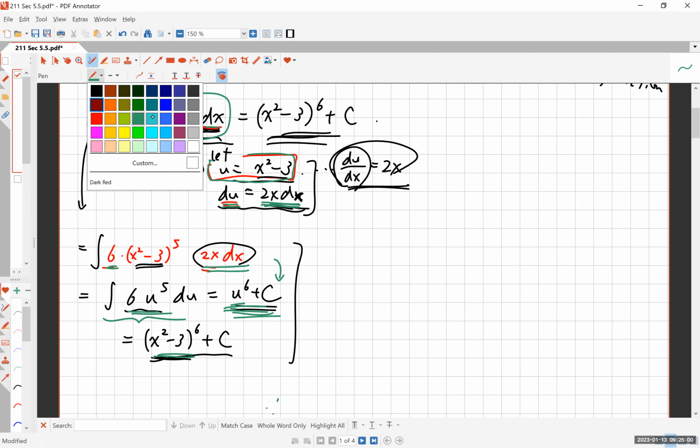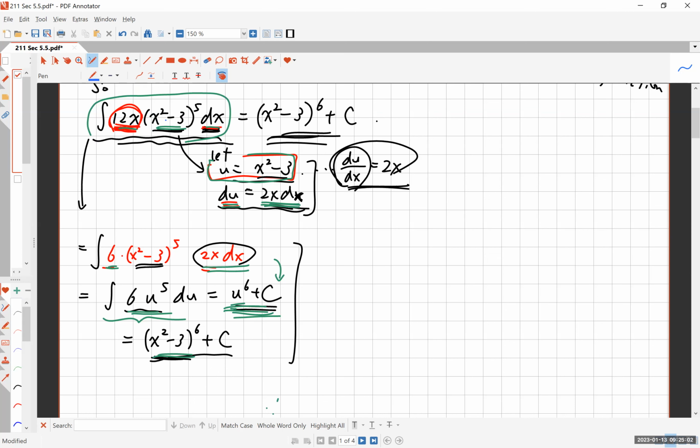Now there is another way some people do this. I don't recommend it, but at this point you can say du is equal to 2x dx, and some people solve this for dx because that's what you see here. dx is equal to du over 2x.